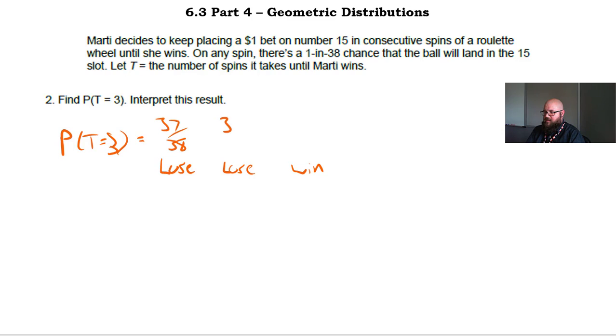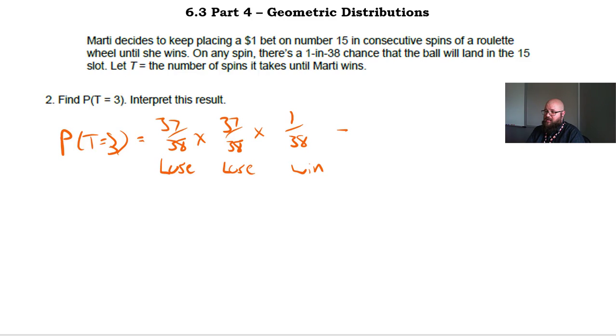And I had 2 of those. And a win, 1 in 38. So in other words, it's saying the probability that on her third try she wins. So you have a 37 over 38 chance for each one of the losses and a 1 out of 38 chance she wins. And we're just going to multiply these together.